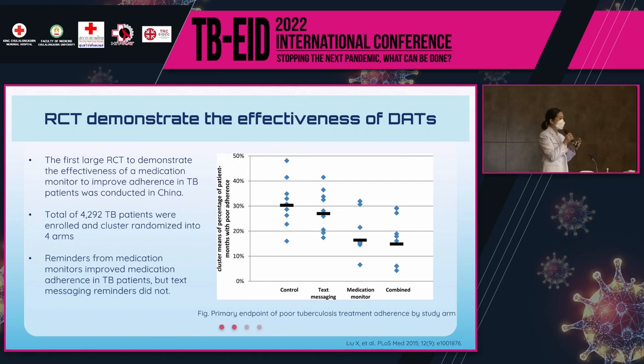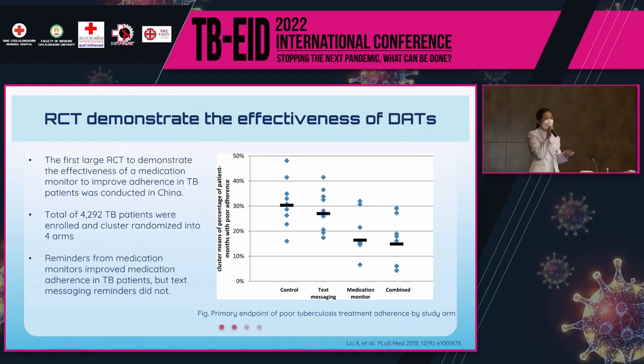And this is the evidence base for DATs. This is the first RCT to demonstrate the effectiveness of a medication monitor to improve adherence in TB, which was conducted in China. About 4,300 TB patients were randomized by cluster into four arms, including the control arm, which had no self-administration and text messaging.